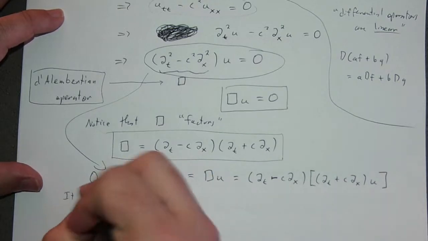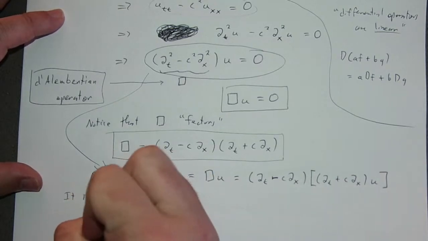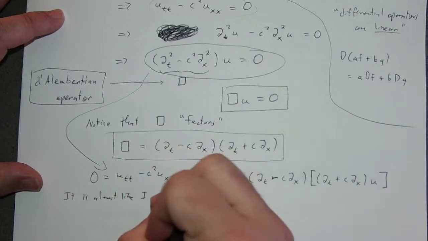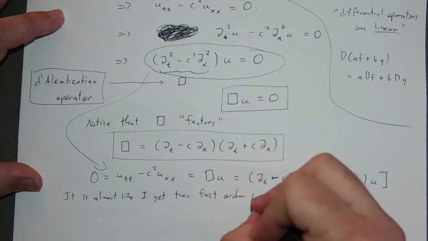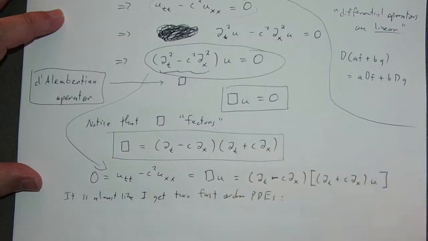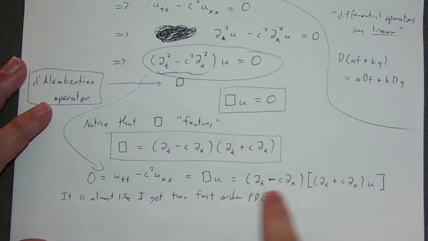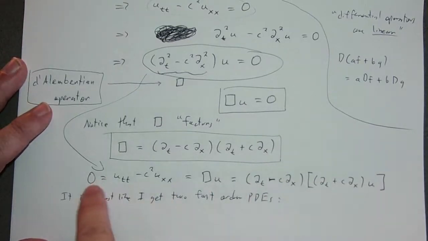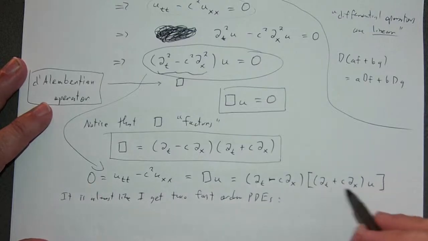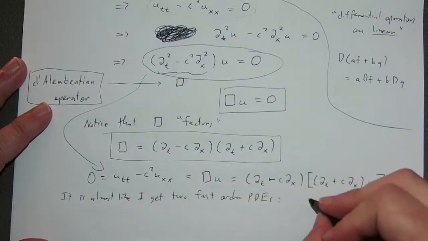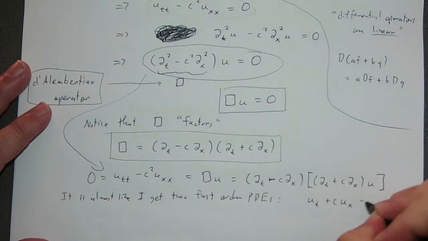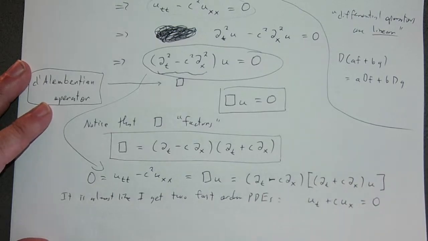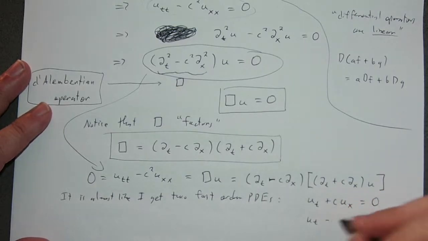It is almost like I get two first order PDEs. What would they look like? Since I've factored them, the two first order PDEs I get are this operator applied to u equal to 0, which is like u sub t plus c u sub x equals 0. And the other one is like u sub t minus c u sub x equals 0.